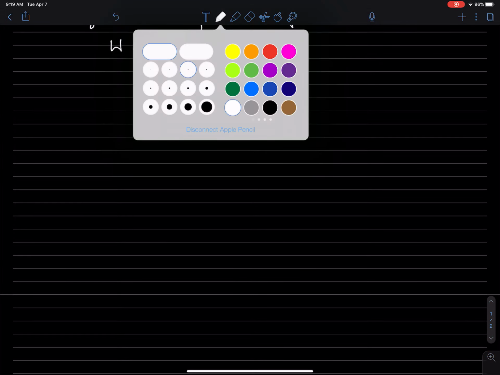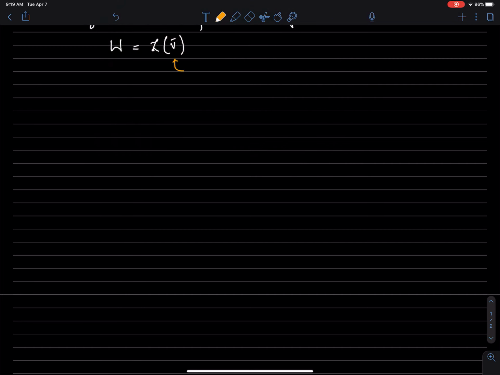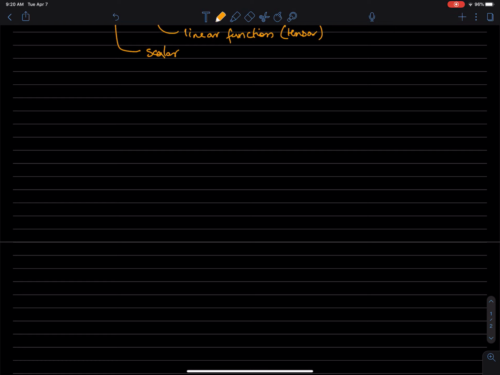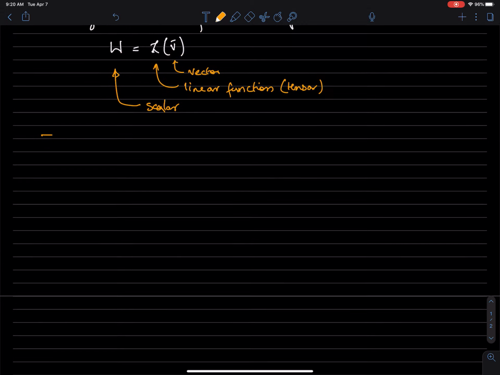Now this is a vector, this is the linear function or the tensor, and then of course this is a scalar. Okay, so imagine a function like this. You can ask the question, what is the most general linear function that has this property?